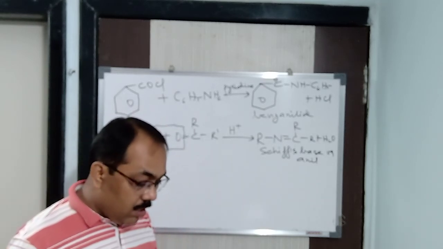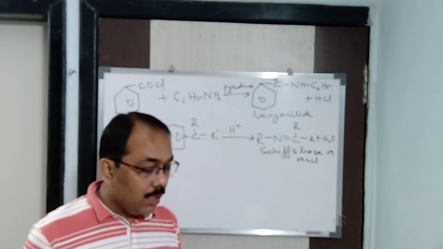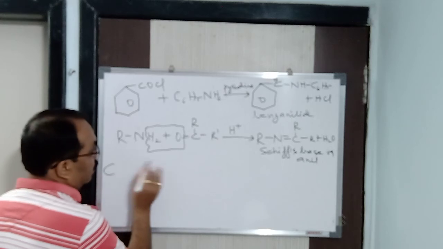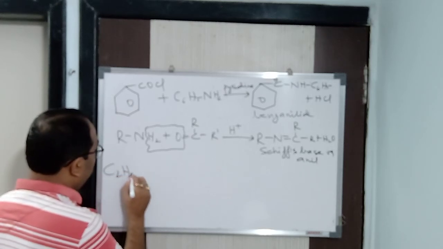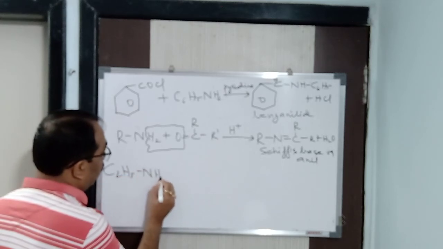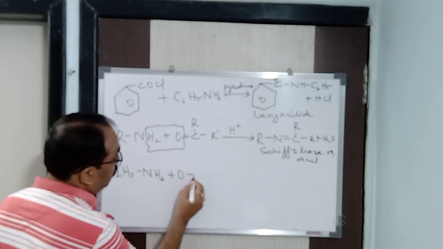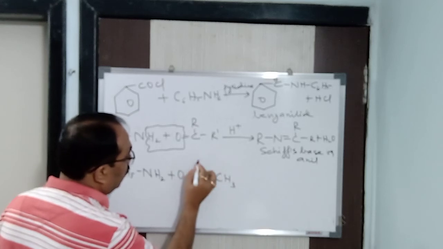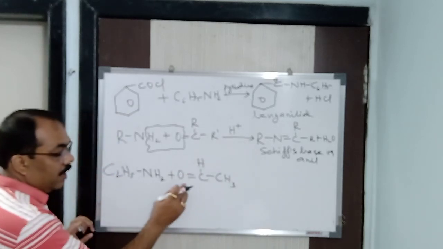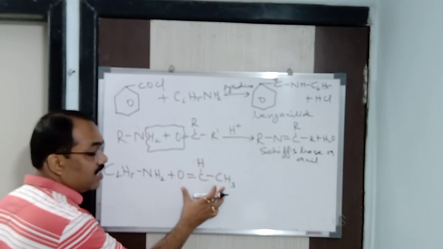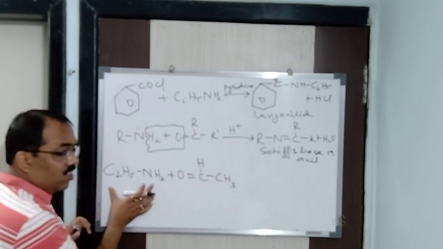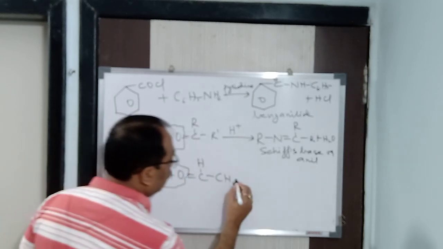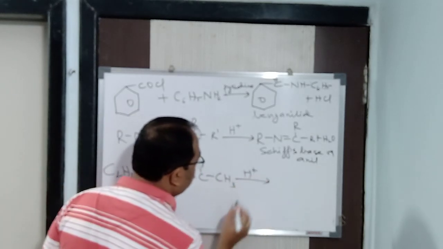Next, we can also do a reaction with the Schiff base you get. Let us say I am doing this reaction with C2H5NH2, ethylamine, plus CH3CHO, acetaldehyde. In the presence of H plus, water is released.